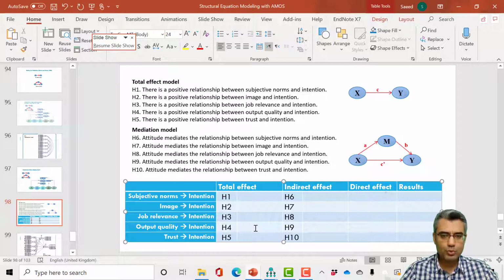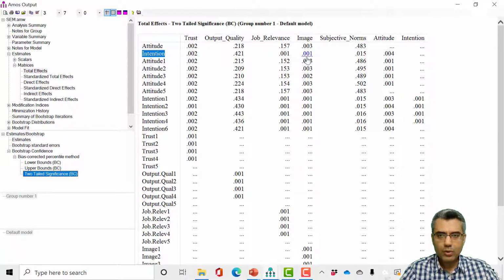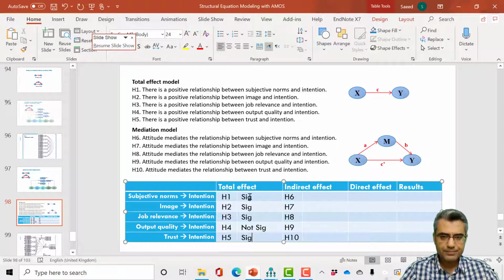So for output quality, it's really not significant. And for these, it's significant, significant, significant, significant, and all are positive. We can write positive, the sign I can report as well.